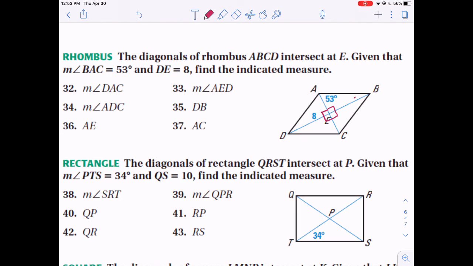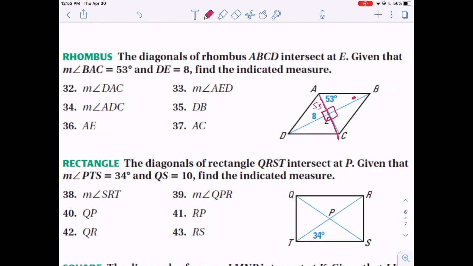Okay, and also, this diagonal cuts the angle A in half. It cuts all of A, B, C, and D in half. So 53 here, 53 there. I can find this angle over here by stating that these three angles in the triangle, the 53, the 90, and where this dot is, should all add up to 180.